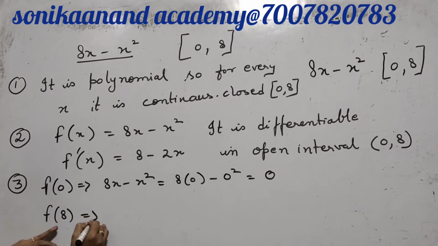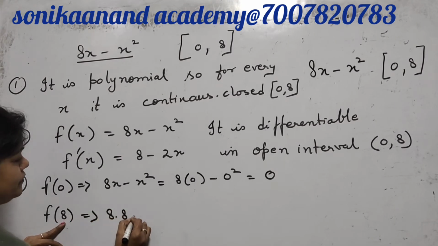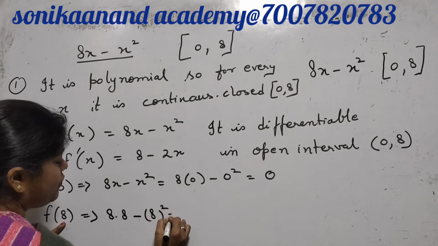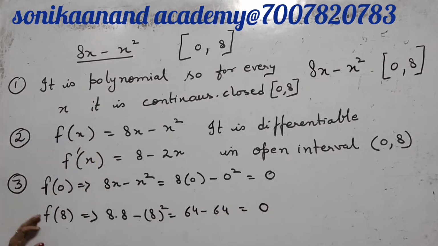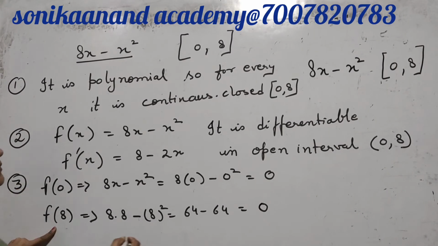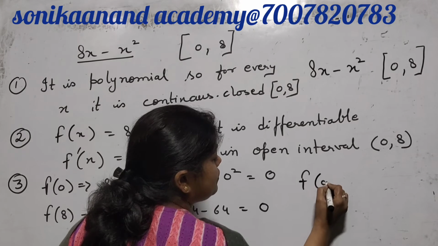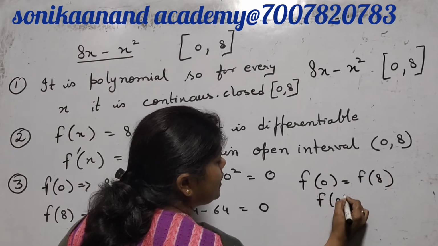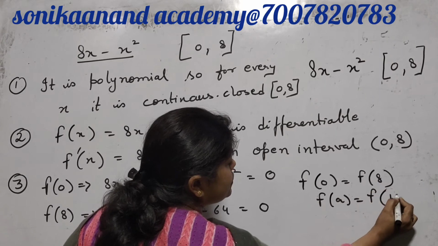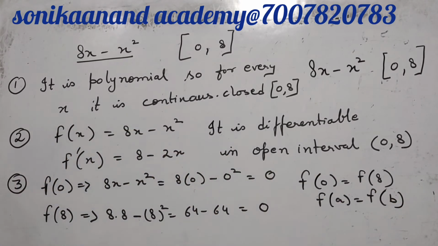Now when we put 8, we get 8 into 8 minus 8 square, so 64 minus 64, and we get 0. We easily observe that f of 0 is equal to f of 8. That is, f of a is equal to f of b. So this condition is also satisfied.